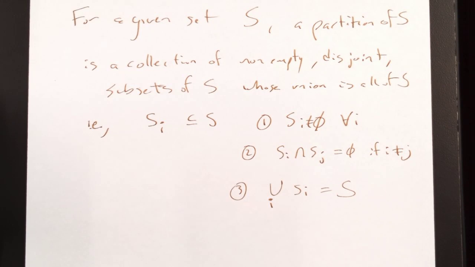In a way, I can think of my giant set S and I've carved pieces off of it. So for anything in these subsets, they have to be uniquely in only one subset. Each element appears in one and only one subset. None of our subsets are empty, and our subsets are exhaustive. They cover all of my set.